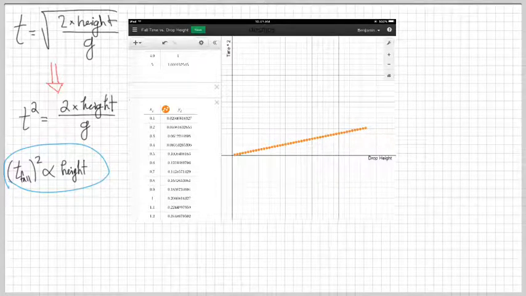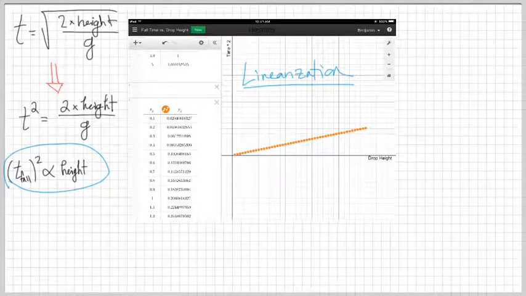Because instead of having just time on the y-axis, I have time squared. And this is the process called linearization. You probably haven't done anything like this before, but in physics we do it a lot because it's really easy to look at linear graphs and it's really hard to deal with a lot of curved graphs.